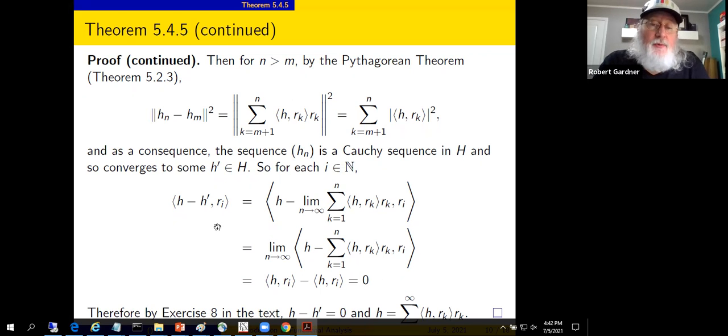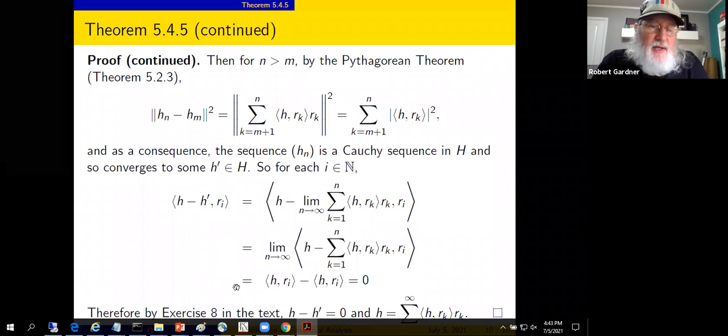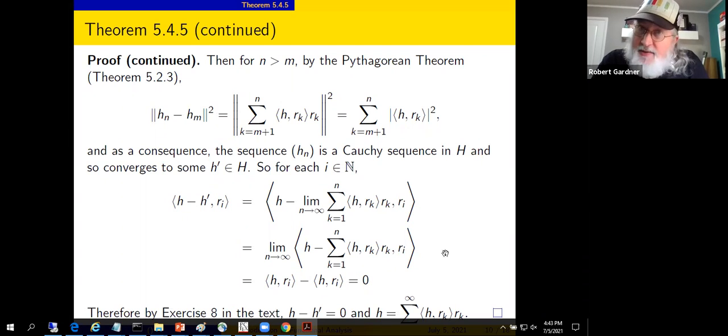The only vector, here's a vector, the vector H minus H prime, the only vector that has an inner product of 0 with all of the elements of a basis is the 0 vector. That's left as exercise 8, but it's not too surprising. So it must be that H minus H prime is the 0 vector, and it must be H equals H prime. H prime was represented as this series, so H itself is represented as this series as well.